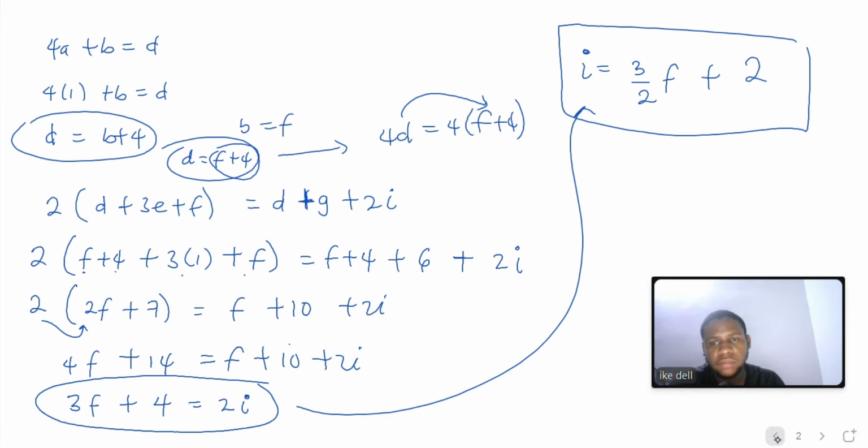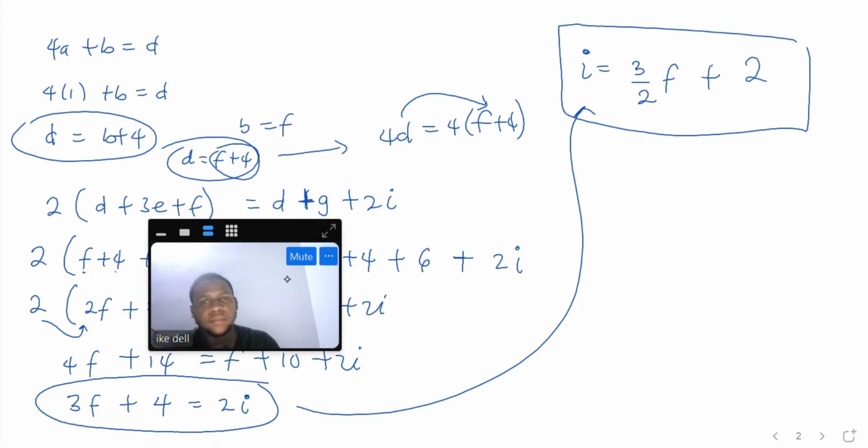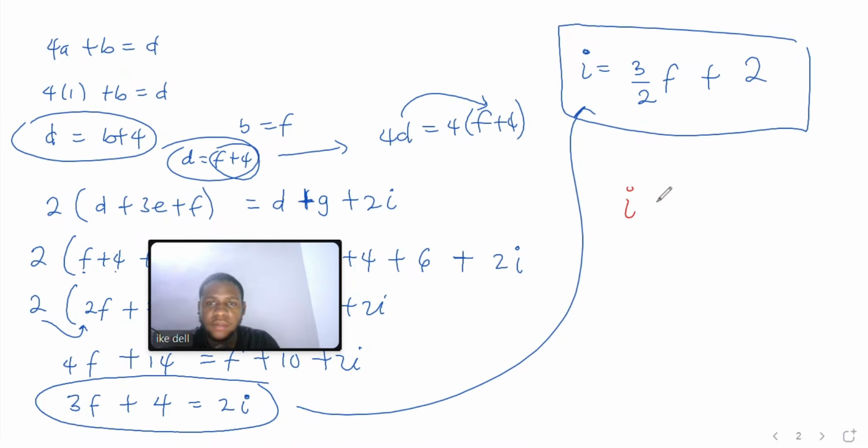Now we can get I. I is 3 over 2 times the f, which is supposed to be 12.8 or 64 over 5, plus 2. Once you times it by 3 divided by 2, you get 19.2.